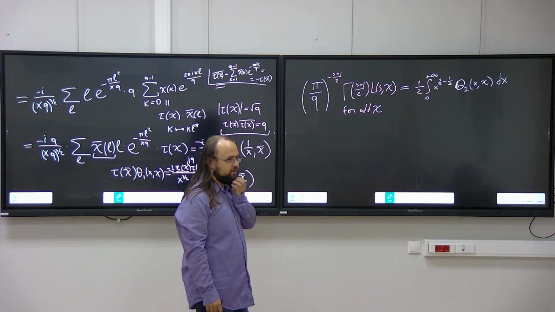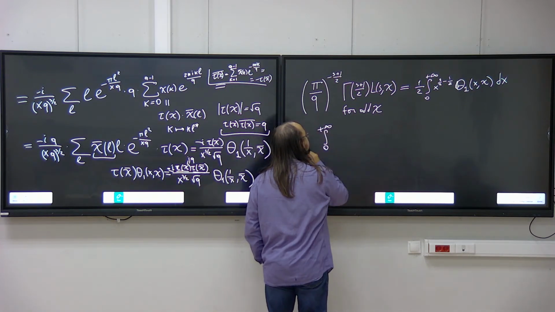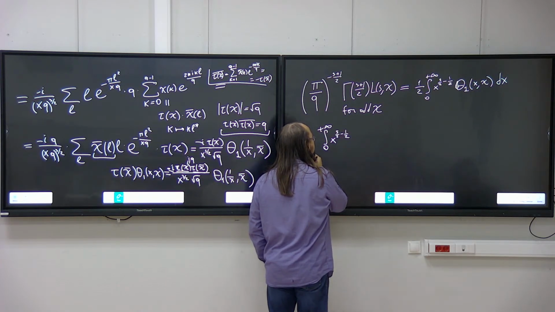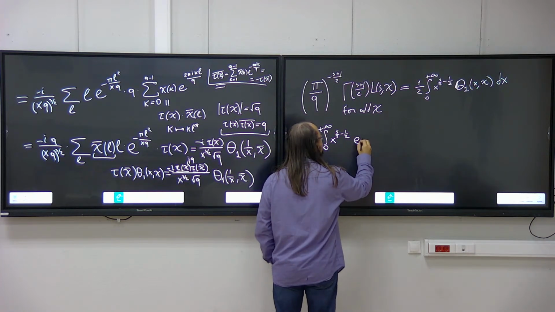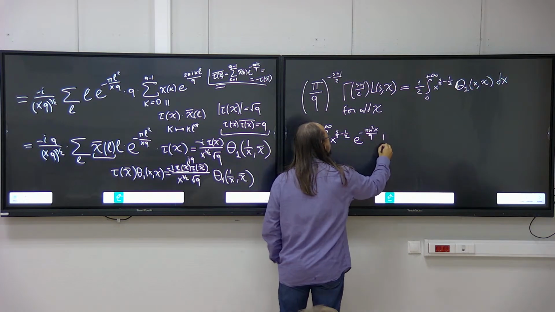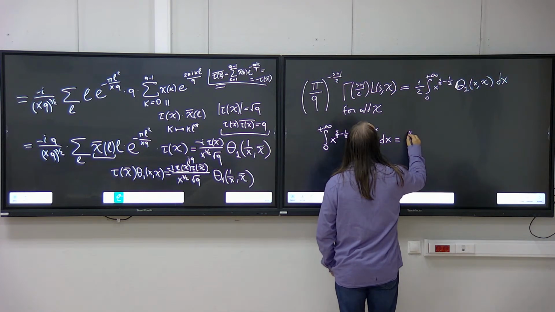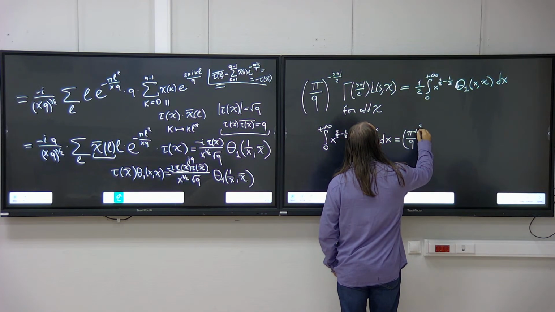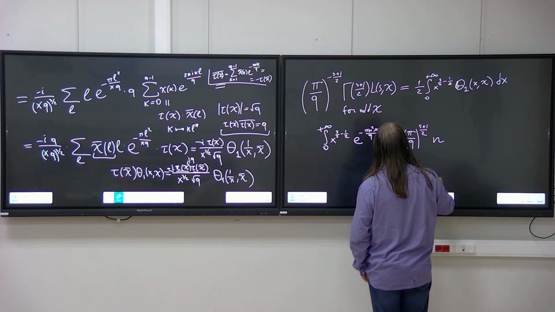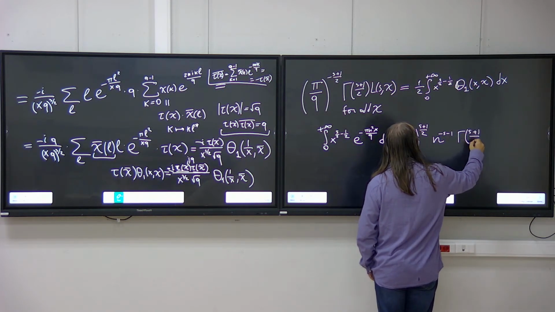Okay? This statement follows from the fact that the integral from 0 to plus infinity of x to the power half of s minus half multiplied by e to the power minus pi n squared x over q dx is equal to what? Well, it is equal to pi over q to the power minus s plus 1 over 2, then you get absolute value of n to the power minus s, and then gamma of s plus 1 over 2.